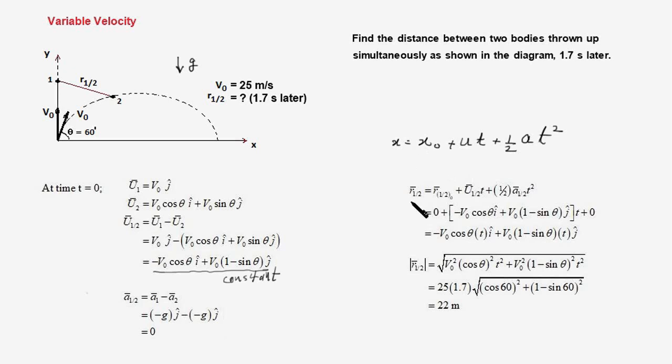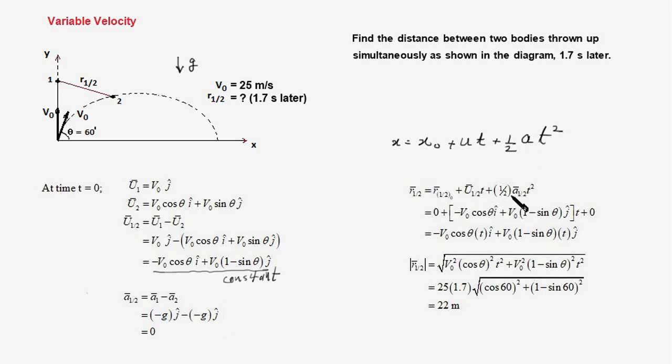Now here r1 oblique 2 is the relative displacement at time t. This is the relative displacement at t is equal to 0. Instead of u, we have now the relative velocity of 1 with respect to 2 times t plus half, instead of a for the single object, we now have the relative acceleration of 1 with respect to 2.